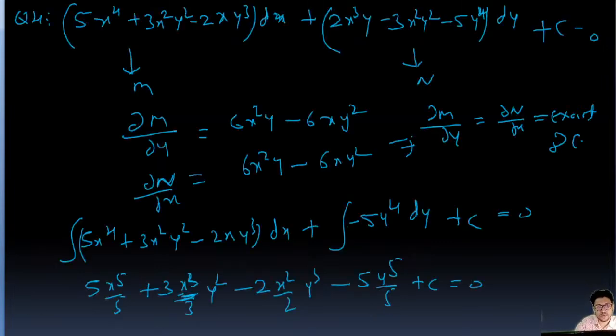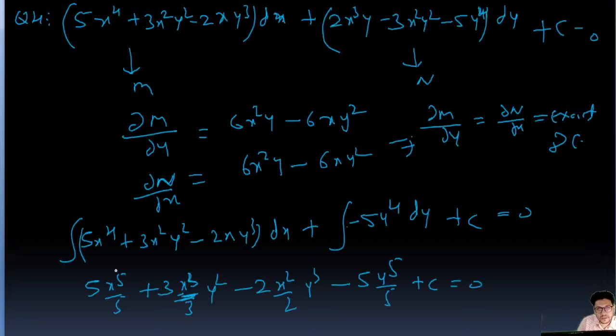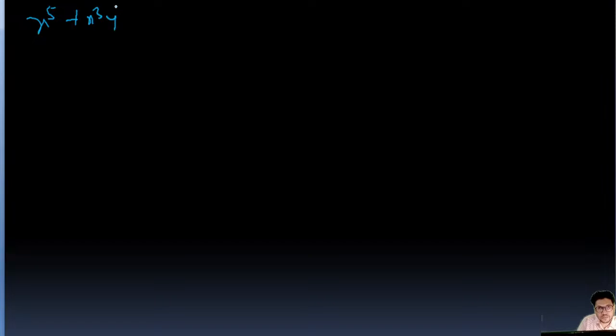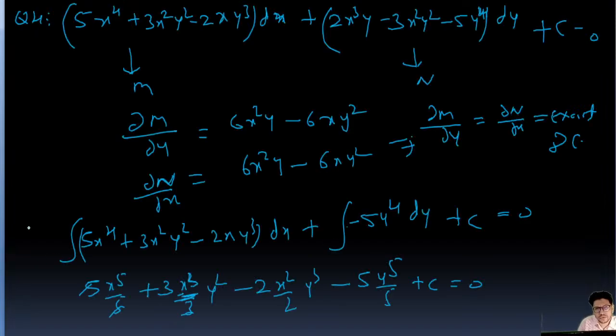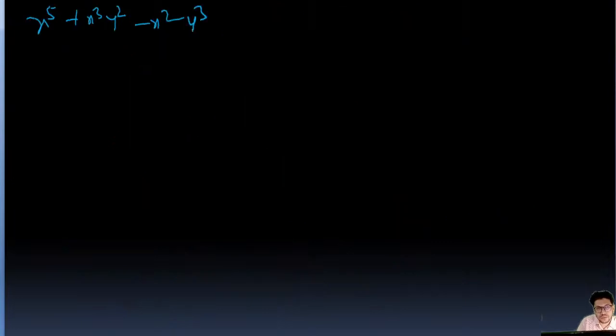The 5s cancel, so x^5, the 3s cancel, so x^3 y^2, the 2s cancel, so minus x^2 y^3, and the 5s cancel, so minus y^5 plus c equal to 0.